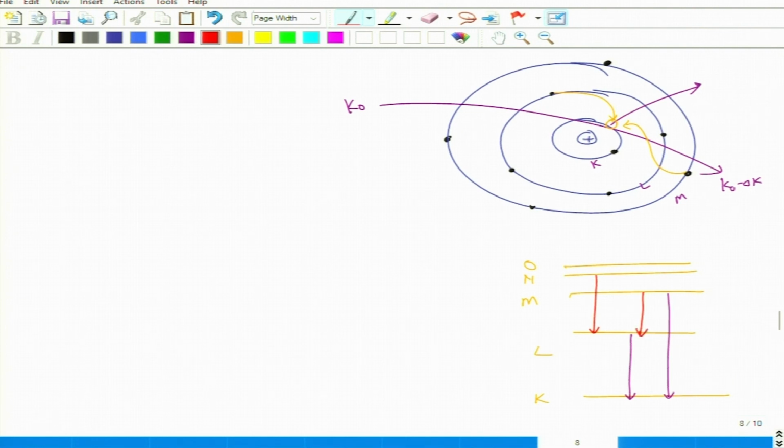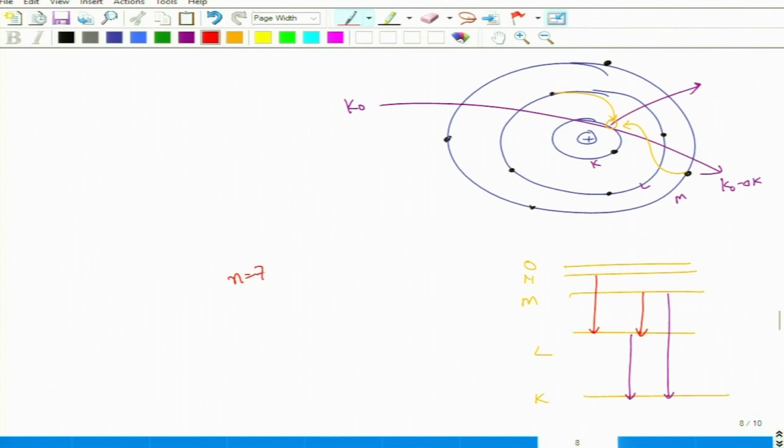Due to this transition the photon will be emitted, and that photon will be the photon of X-ray. You have to understand that any kind of transition can occur here. There is no restriction to the k or l orbit, right? The electron of the atom can be kicked out by the cathode ray electron from any orbit.